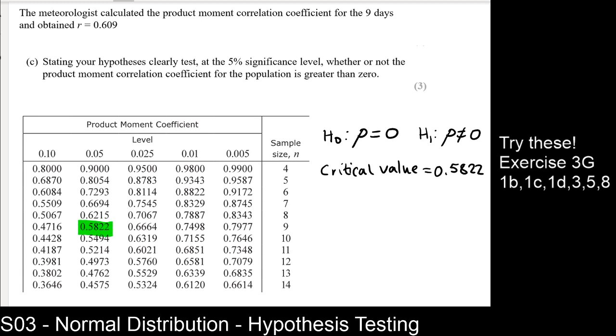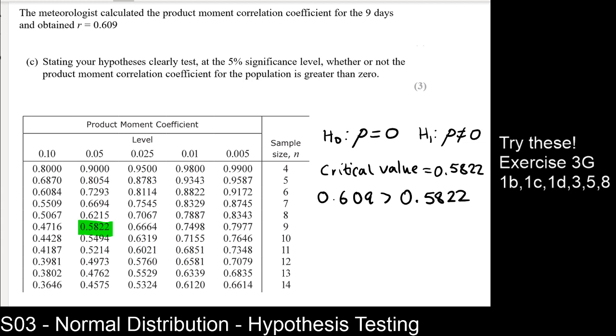What this means is, if we have a value that's greater than 0.5822, that means the correlation is strong enough. So we can conclude that there is a correlation, a linear association between the two variables. In this particular case, our 0.609 is greater than 0.5822.